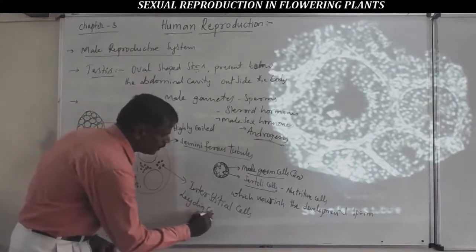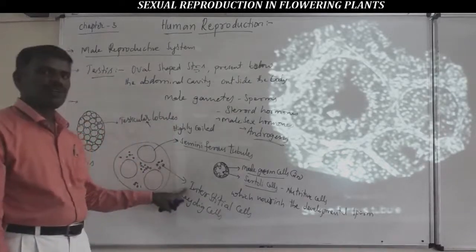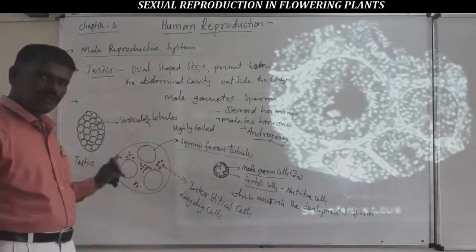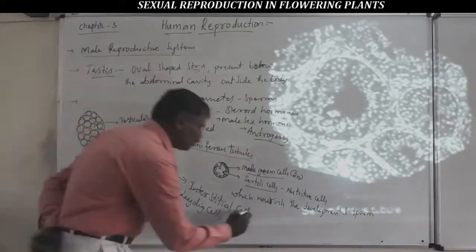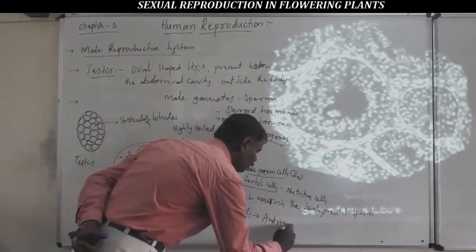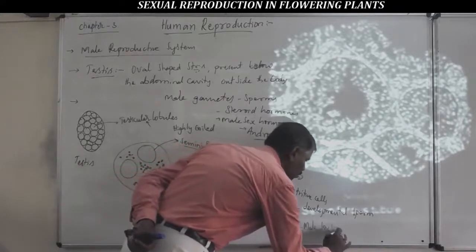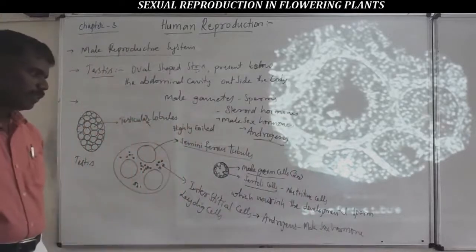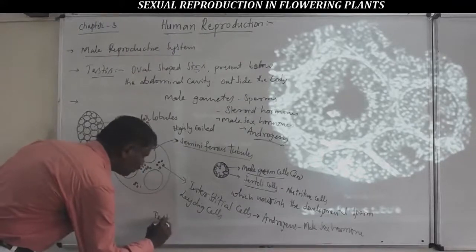Very important: the interstitial cells of the testis are the Leydig cells of the testis, which produce androgens. Androgen is a male sex hormone, for example testosterone.